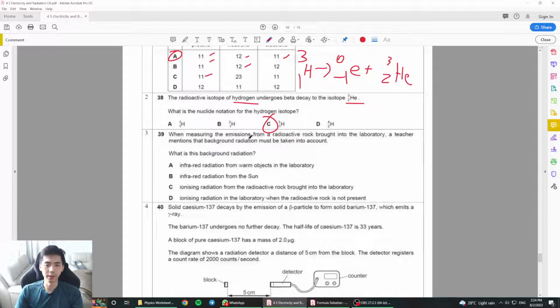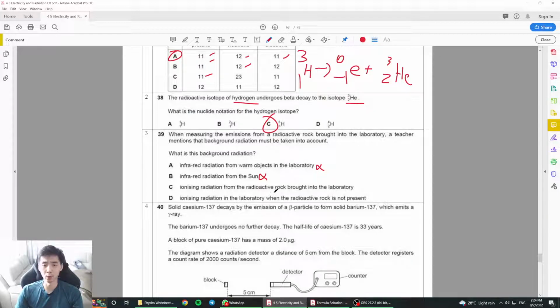When measuring the emission from a radioactive rock brought into the laboratory, a teacher mentions that the background radiation must be taken into account. What is background radiation? Infrared radiation from warm objects? Definitely not. Infrared radiation from the sun? Nope.